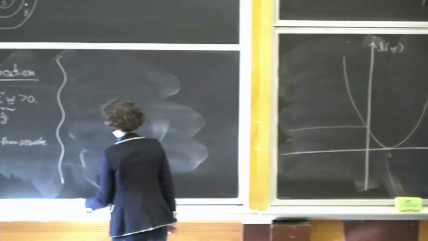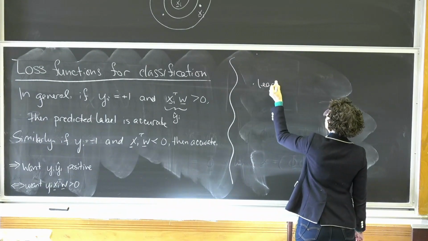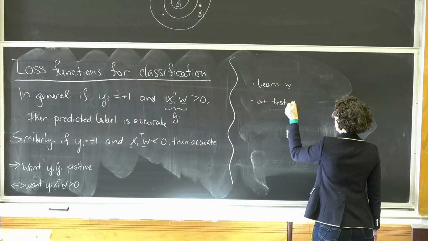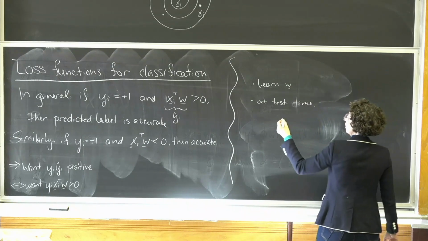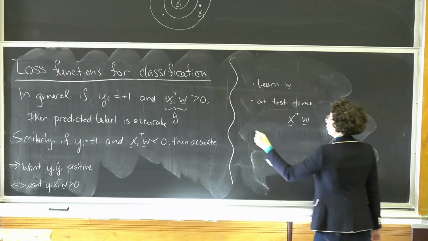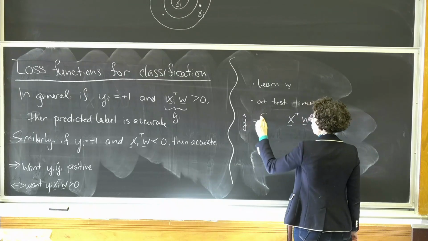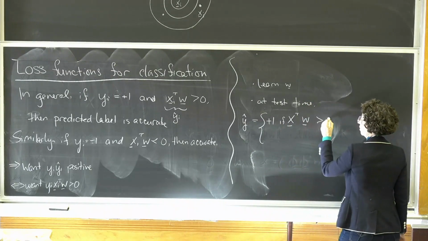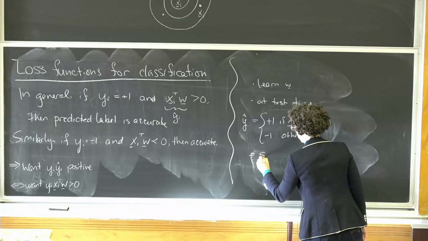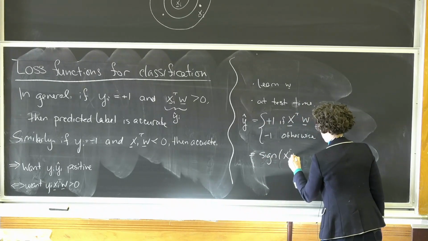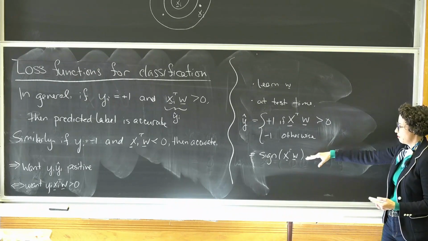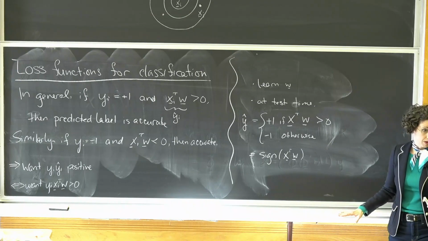The way we had set this up before is you would first learn a W, and then once you have a W, at test time, or when you deploy it, you compute your new X transpose times W, and then your Y hat would be equal to +1 if this inner product is positive and -1 otherwise, which is exactly the same as the sign of X transpose W. So once you've got a W, you can predict the label of a new sample using the sign function. There's no problem there at all.